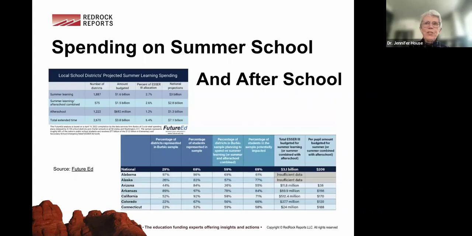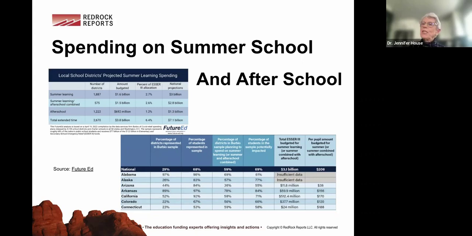Here's another one that's interesting, summer school. We've always been implementing summer school, but this year it's even more important to address the learning loss. And as I said, learning recovery, but it's also very important for SEL.